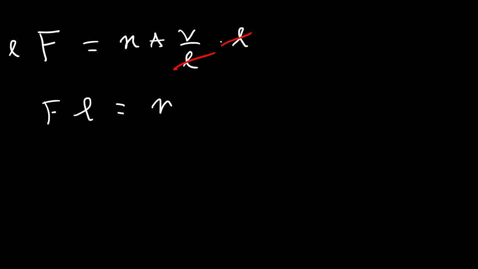Now let's talk about the units of the coefficient of viscosity. So if we solve for eta, in order to do that, we need to multiply by L. And then we'll have F times L is equal to eta times area times velocity. And then we need to divide both sides by AV.